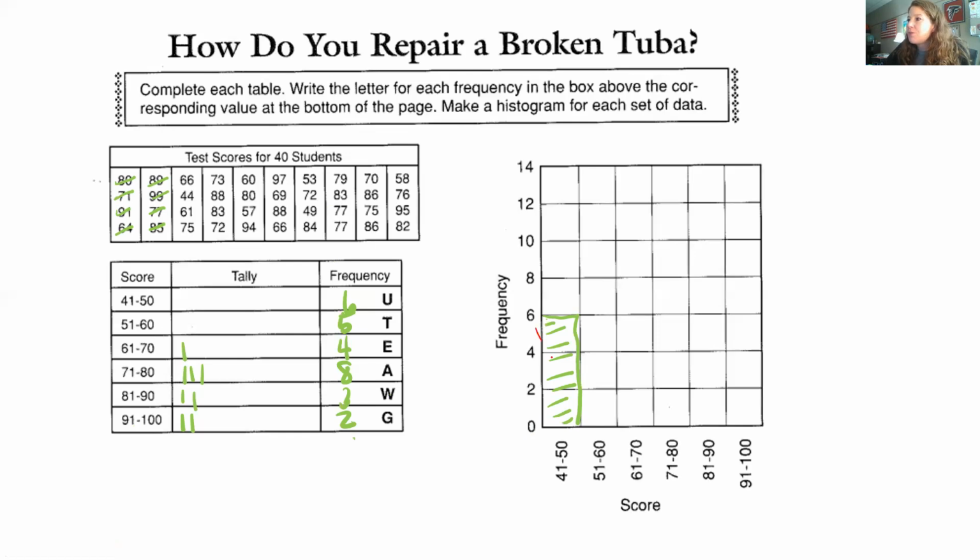So I'm going to do my bar up to 5 for this one. I'm going to shade this in solid, and so on and so forth. Okay, so that's how you're doing this. So you have a total of, I think, 2. I've lost my paper, but I think you guys are making 2 histograms, or maybe it's 3.